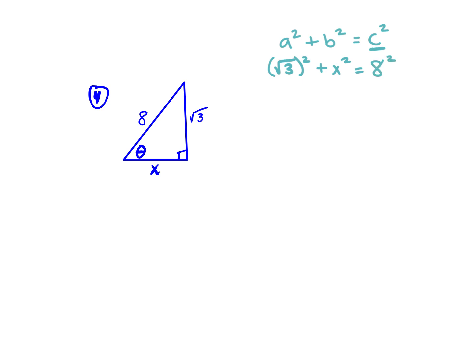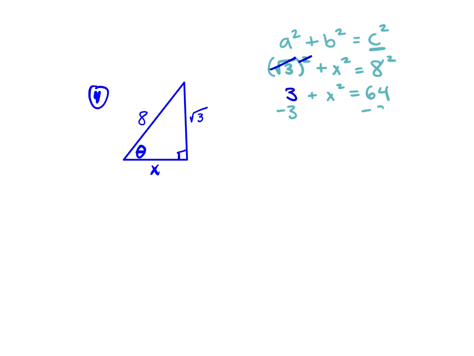Now you have to be careful here. What is square root 3 squared? Would be square root 9. What's the square root of 9? 3. The square root and the squared just cancel out. So we're just left with 3 plus x squared equals 64.